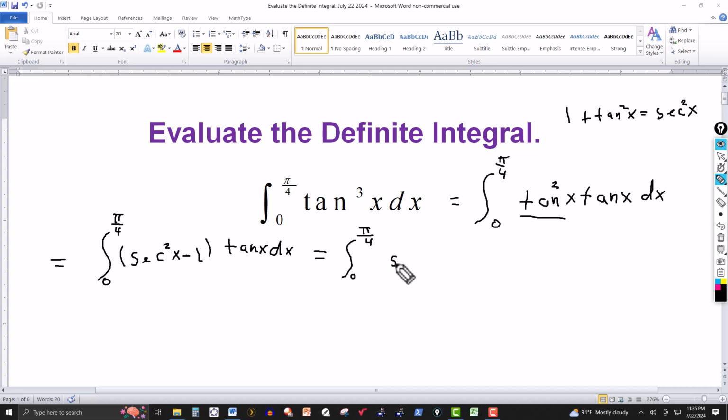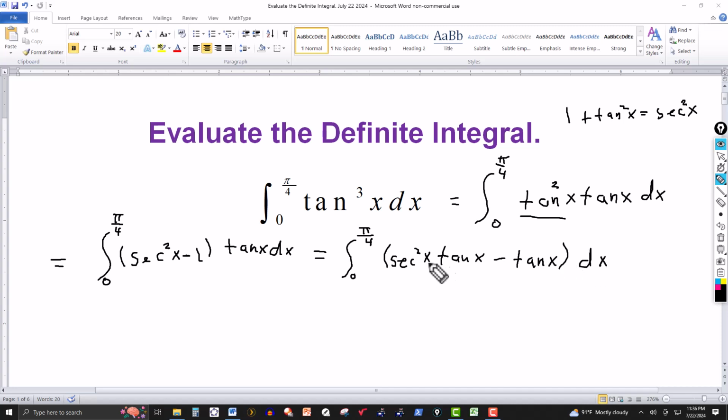So this will be secant squared x times tangent of x, and then it's minus tangent of x, the minus 1 times tangent x. So all I did was multiply through by tangent of x. It's secant squared of x times tangent of x minus tangent of x, dx.